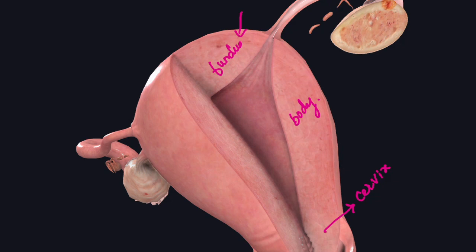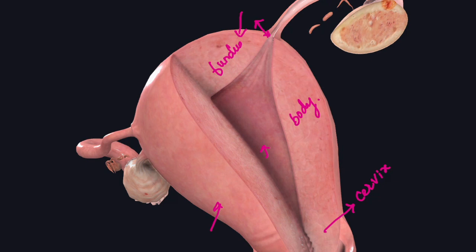So when you see the fundus, it is the part of the uterus above the entrance of the uterine tube. And the body, so this is the body, and it is flattened from before backwards, and it is wider in the upper part, and the body contains the uterine cavity. So this is the uterine cavity, which presents a vertical slit on the sagittal section and appears triangular on coronal section.